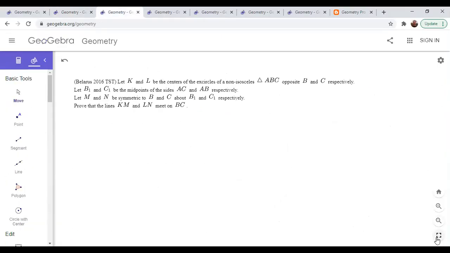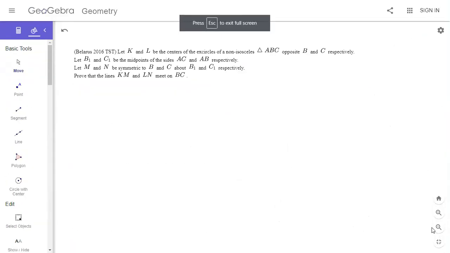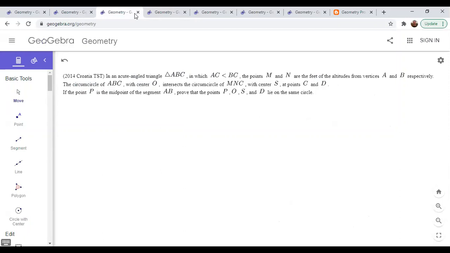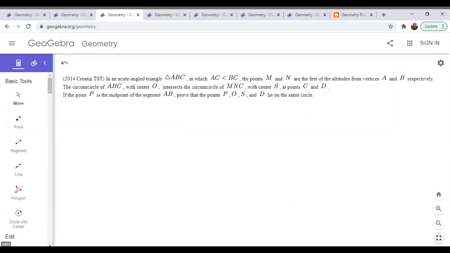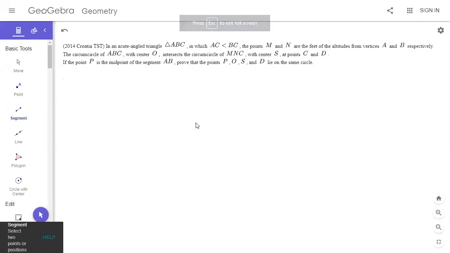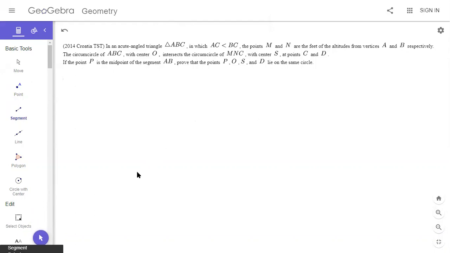Here's the next one. I'm going to go to the one after this. Let's see. So you have an acute, this one's from Croatia. So you have a triangle ABC, where AC is less than BC.